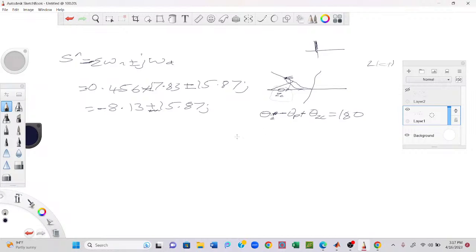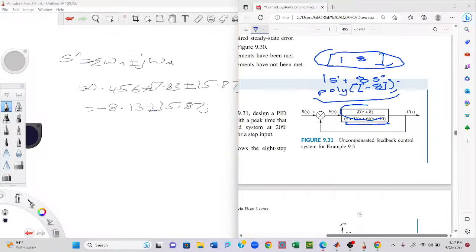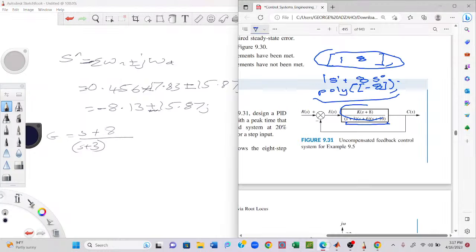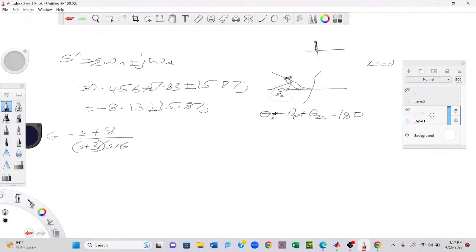To find the angular contribution of each pole and zero, you can use the calculator. So what is the transfer function? It is s plus 3, s plus 8 over s plus 6 and s plus 10, and so on.